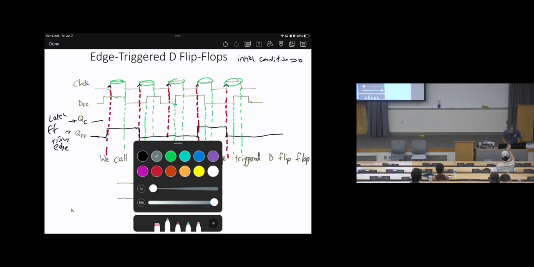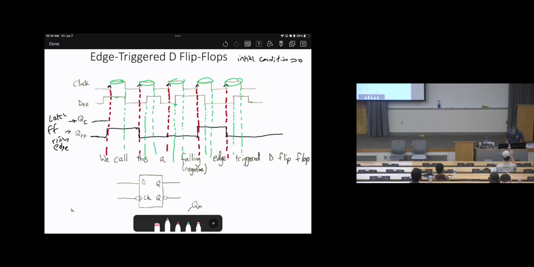So let's start drawing. Here it will start with 0. Then here the change will happen inside the clock cycle, so inside the clock cycle it will be on. Then here it will hold until the next clock cycle. Then it will copy what's happening with D. Then it will hold.